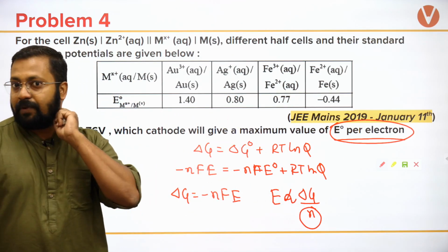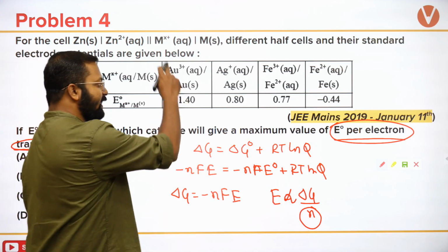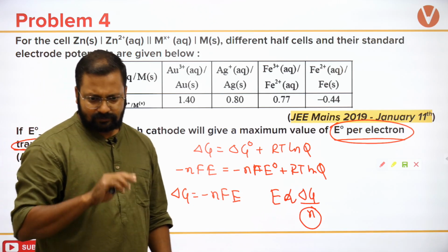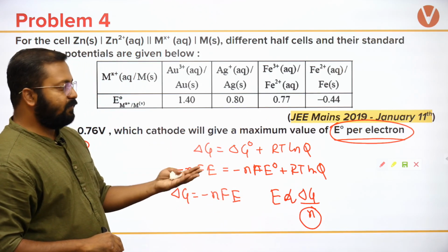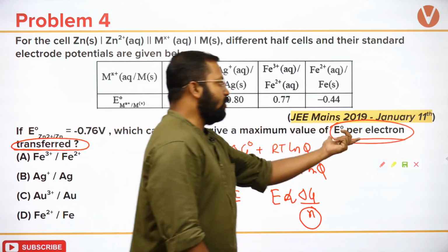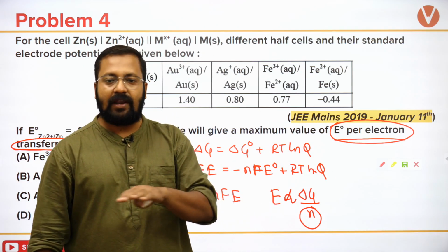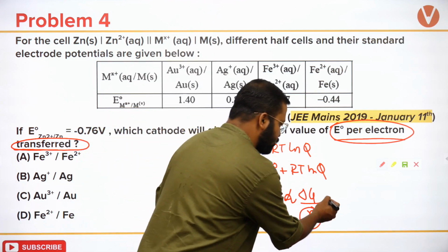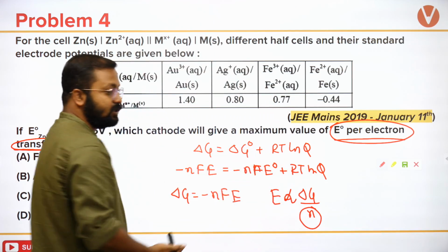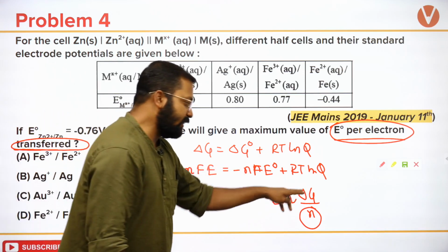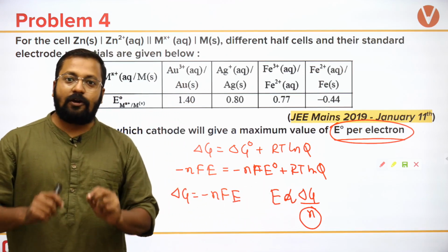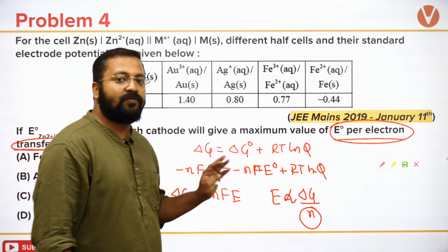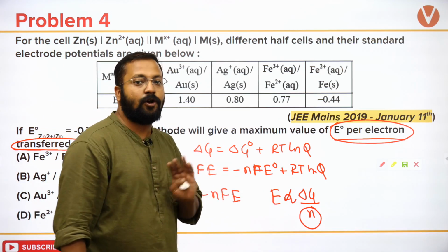A lot of people will calculate E naught and then divide it by the number of electrons. You are not supposed to do that, because when you are dividing it by electrons, you are actually calculating delta G by N square, whereas you have to calculate delta G by N. So E naught is an intensive property, it does not depend on the number of electrons transferred in a redox reaction.